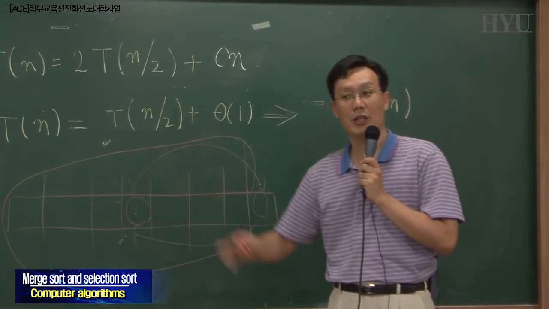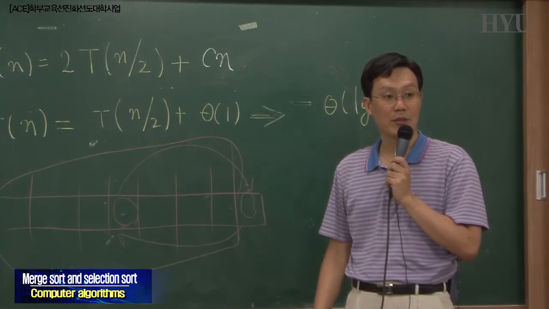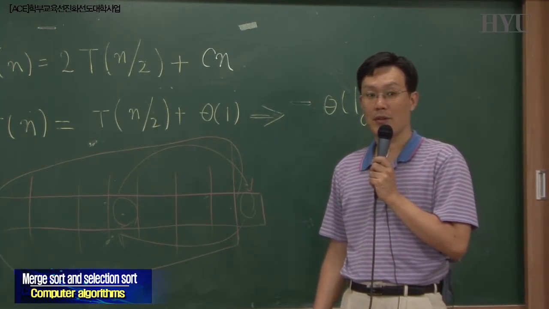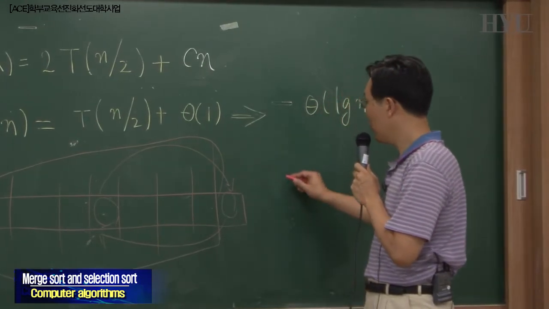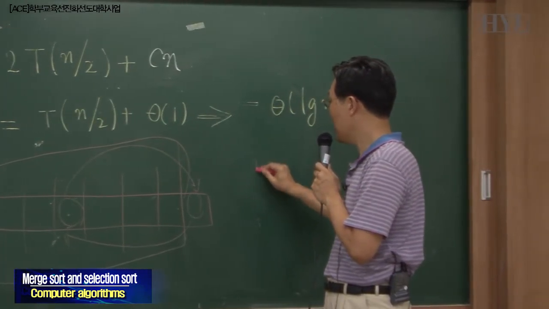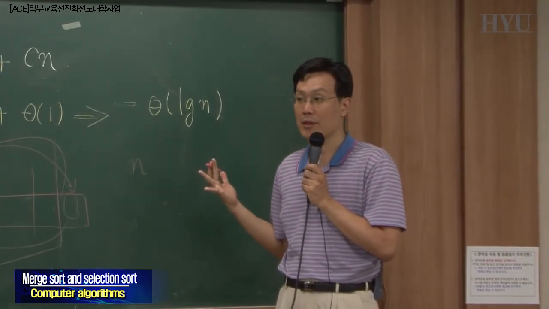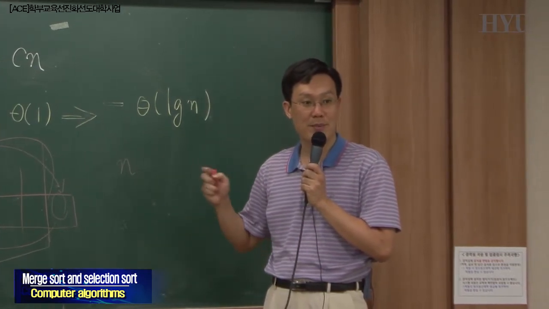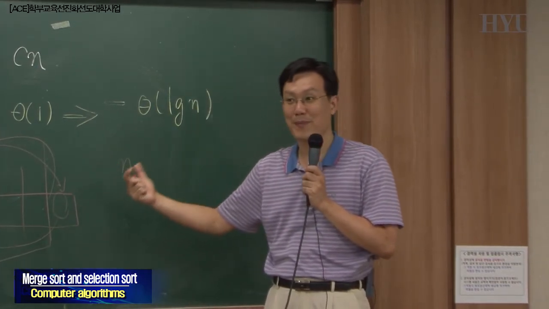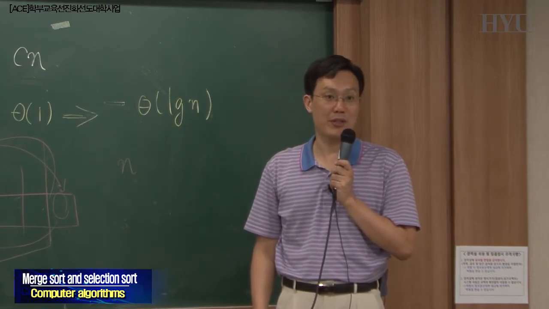What is the running time for the first maximum selection? We need around n operations and comparisons. More exactly, n minus 1 comparisons plus 1 swap. So approximately n operations.